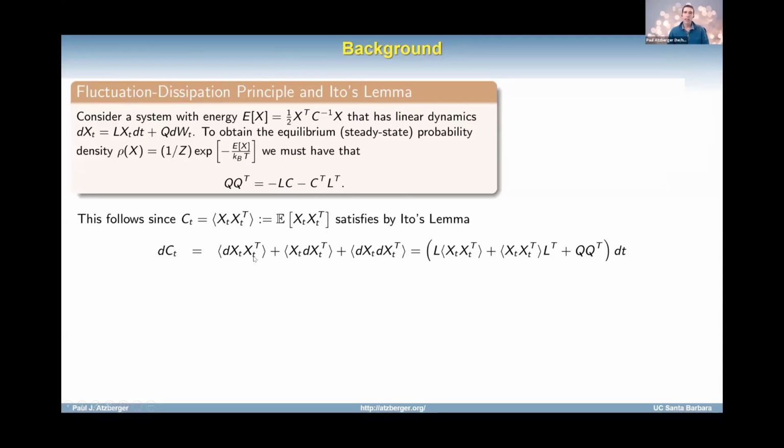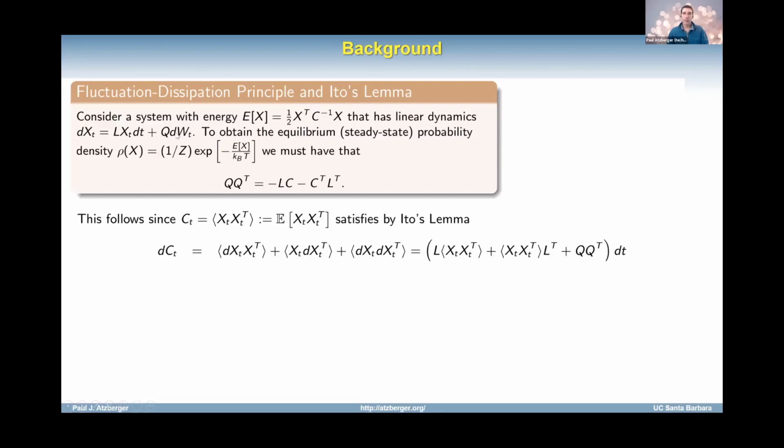And so if I do that, again, the second order expansions in the Ito lemma, you can do this component by component. You'll see that it amounts to averaging the increment times X_t transpose, X_t times the increment transposed, plus the average of the increment, outer product with itself. And so then if I start to unfold what dX_t is, which is given up here, this is LX dt plus Q dW_t.